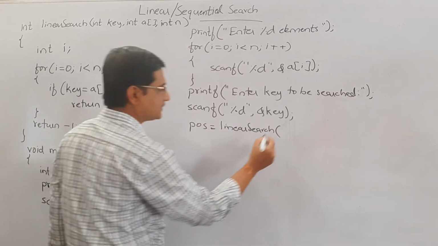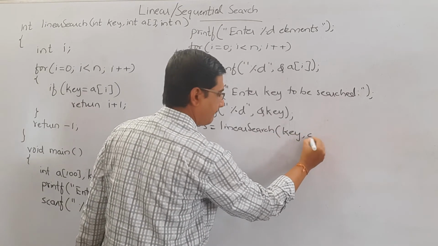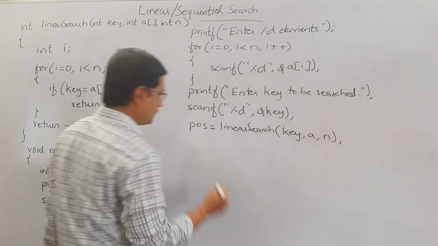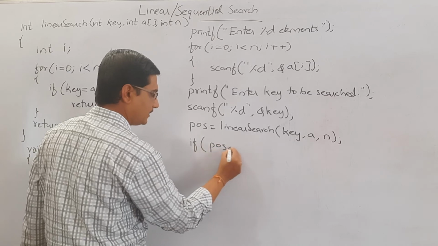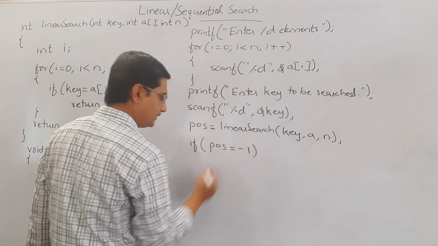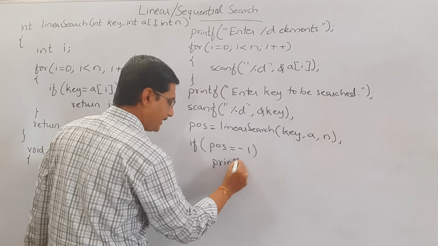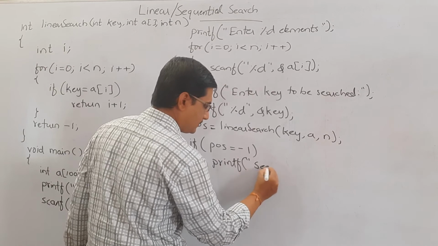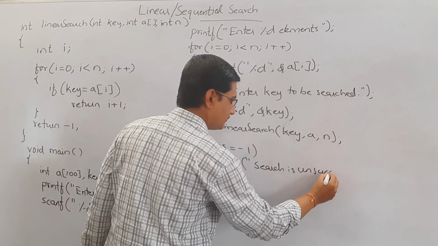We need to pass key, the array, and the number of elements. If the value of this position is equal to -1, then it means it is an unsuccessful search. We need to print that search is unsuccessful.